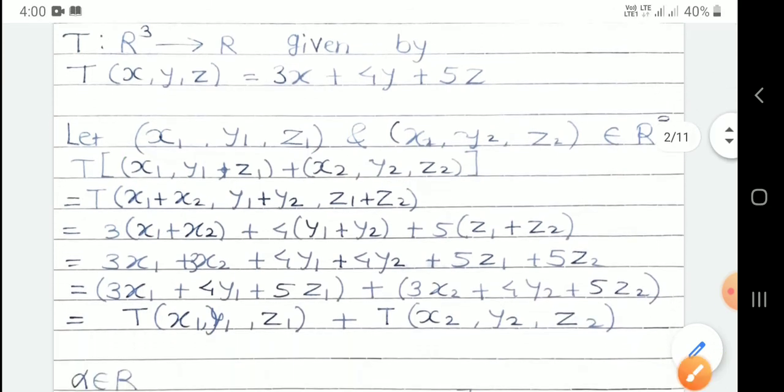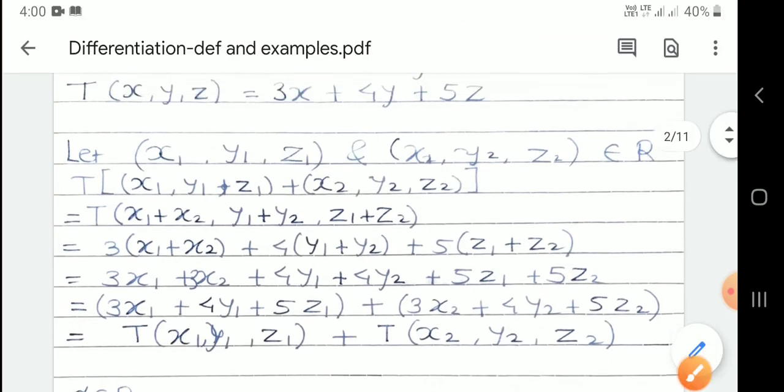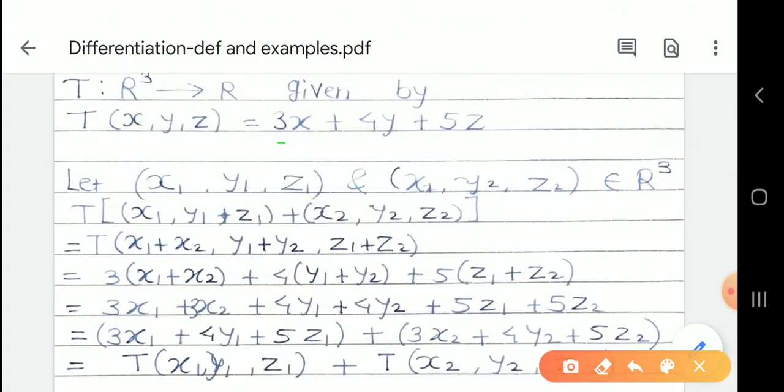Right? Now our function is 3x + 4y + 5z. So applying this definition, here x means x1 + x2, y means y1 + y2 and z means z1 + z2.